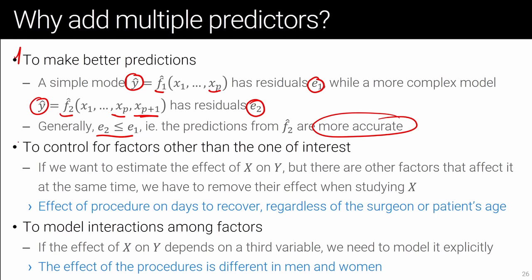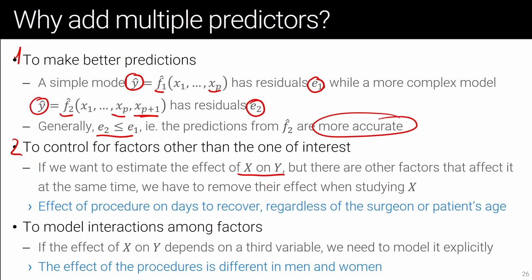The second reason is simply to control for factors other than the one of interest. So let's say we're carrying out a specific study, we have a certain hypothesis that we want to test, and in particular that is about the effect of a certain factor X on the response. But we know there are other factors that affect the response at the same time.